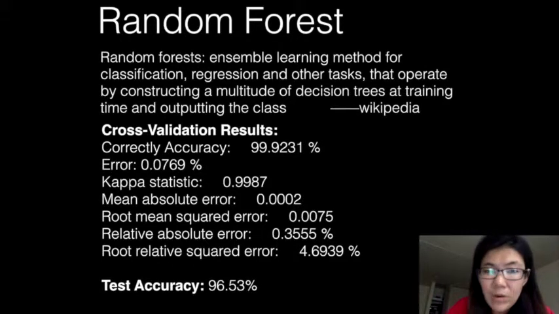The last model I'm going to use is random forest. I move to random forest from bagging because random forest is also an ensemble method.